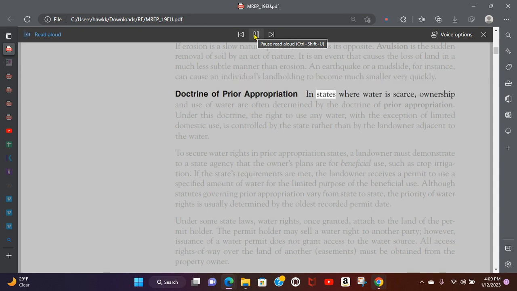Doctrine of prior appropriation. In states where water is scarce, ownership and use of water are often determined by the doctrine of prior appropriation. Under this doctrine, the right to use any water, with the exception of limited domestic use, is controlled by the state rather than by the landowner adjacent to the water.